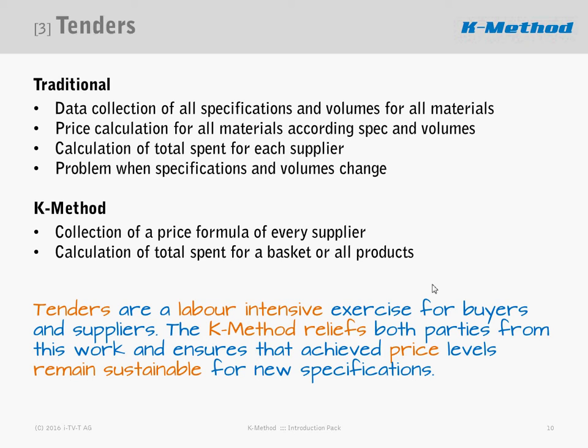So with the K method, with the price formulas, you don't need to send out specifications to the supplier because you only need to ask him for his price formula and his price element prices. And that means you will do the calculation on your certain volume scenario, which might even be only a basket of packaging items you're using. And he will only need to quote a small number of prices, definitely not 1,000 or 2,000, but maybe 20 prices, which are the price elements of the price formula.